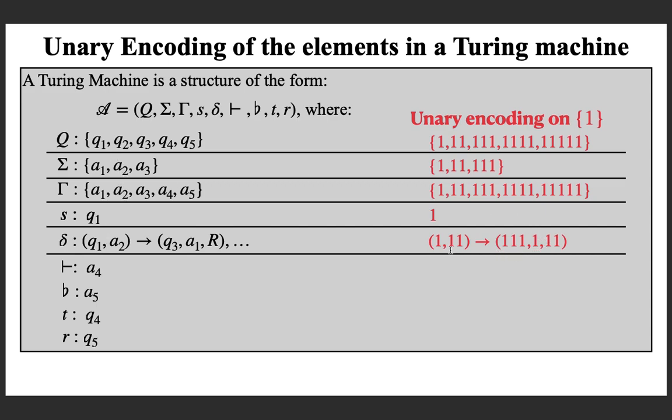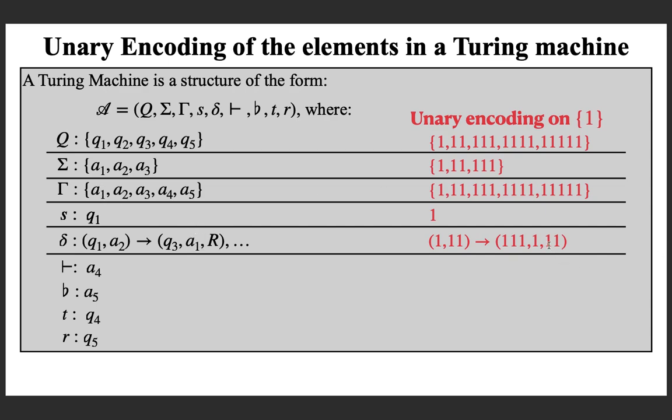then you change your state to the third state in the set, that is Q3. Here you have Q3, and you replace the current symbol, which is A2, with the first symbol on the tape alphabet, which is A1. That is what you have here.